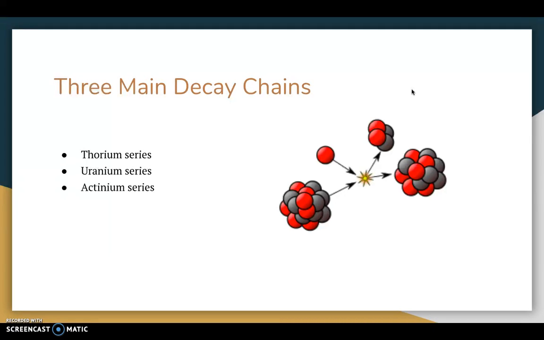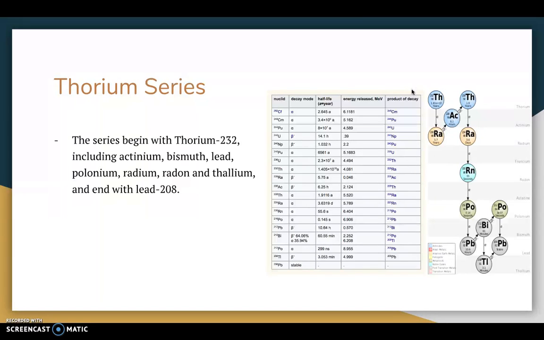Alright, so now we're going to talk about the main decay chains. So we've got the thorium series, uranium series, and actinium series. I'm going to talk about the thorium series. The thorium series, also called a natural and classical series, is headed by naturally occurring species of unstable nuclei that have half-lives comparable to the age of the elements.